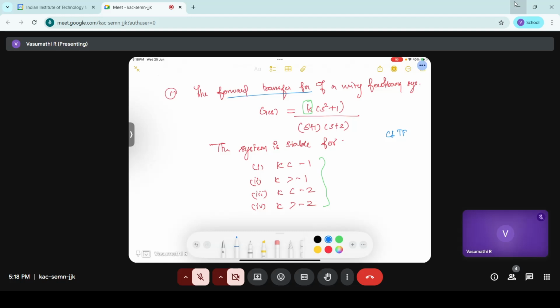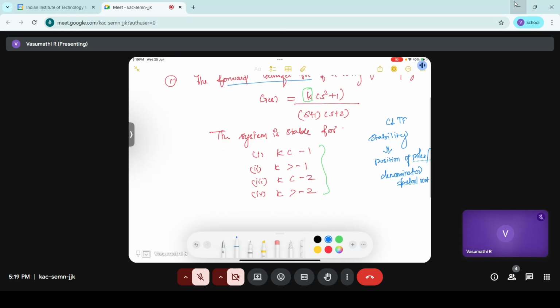If I ask what is the stability, stability indirectly refers to the position of the poles, or the denominator factors or roots. Whatever way you think of it, everything is similar.